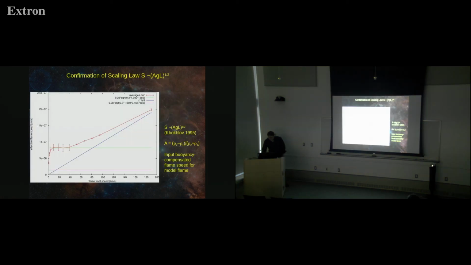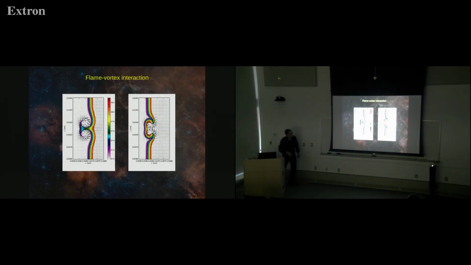Okay. So I mentioned that the interior, besides the flame, from the simmering phase is turbulent. And we did a lot of work looking at how turbulence affects the flame. This is a flame front propagating into a pair of co-rotating vortices.